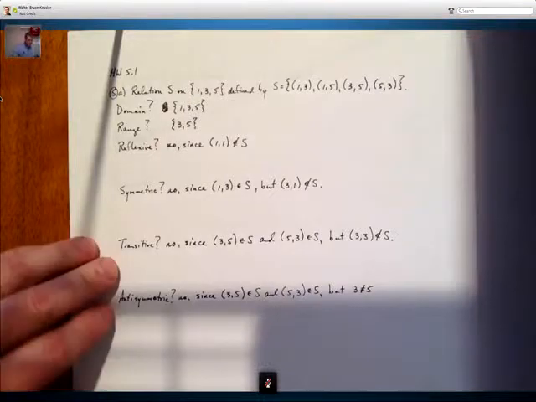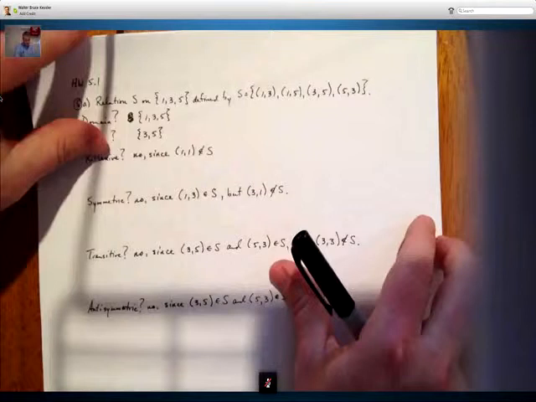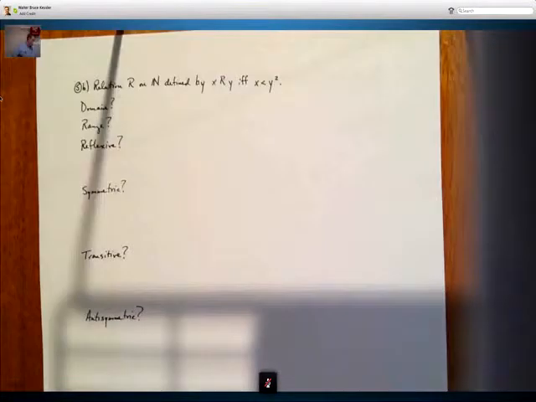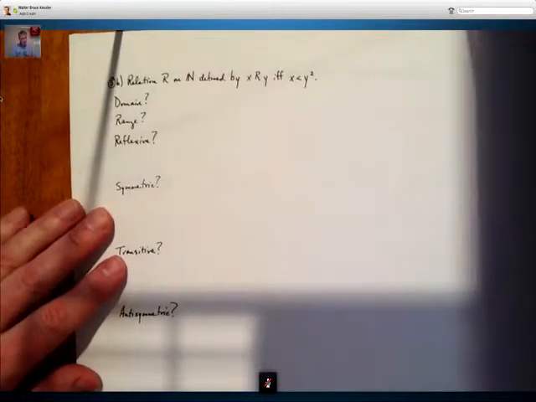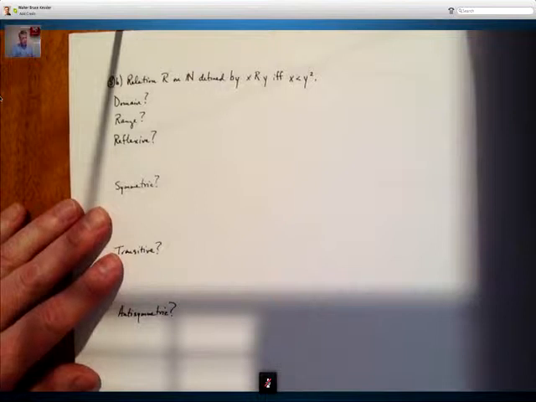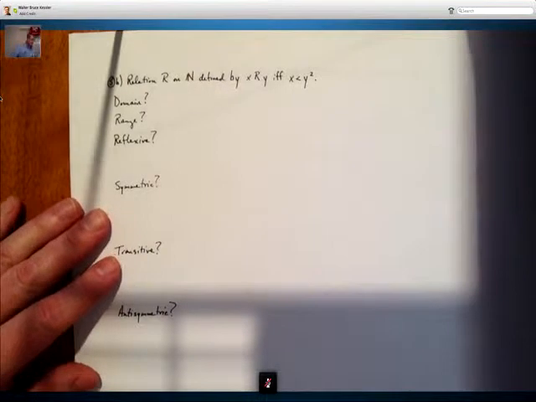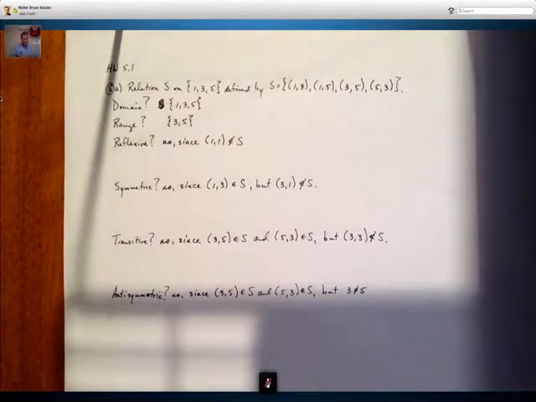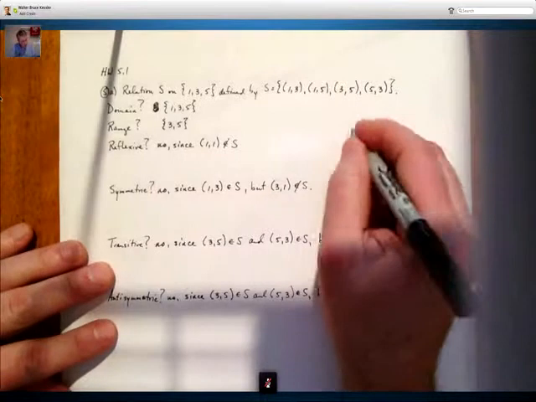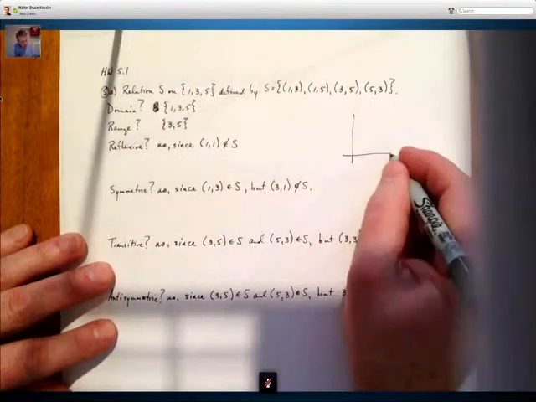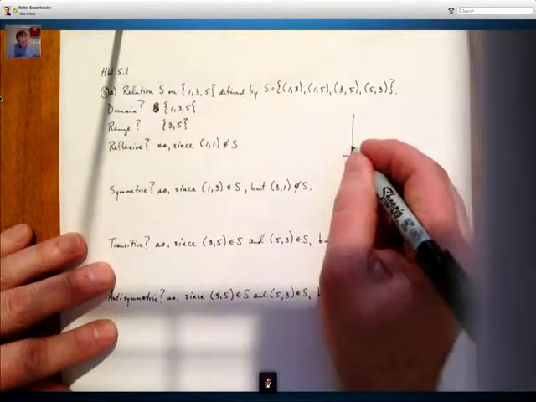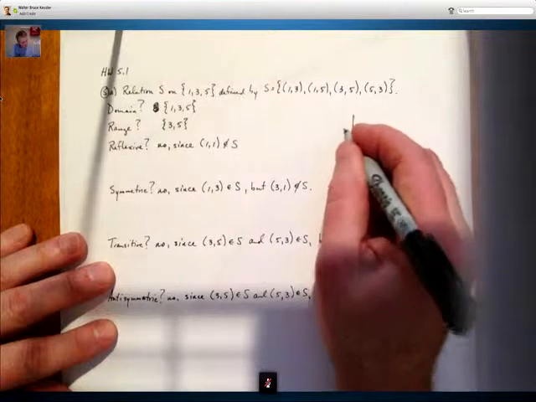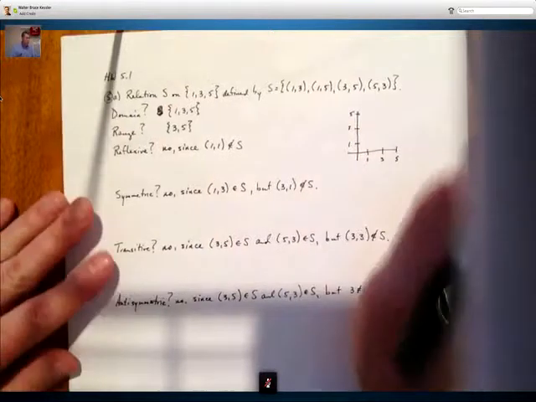Let's take a look at 5B. The relation R on the natural numbers is defined by, and let me step back to this for just a moment, because the one thing I did want to do is kind of graphically draw this relation, because I think that helped us today when I did this. 1, 3, 5, 1, 3, and 5, and really I don't have to put the space between them.